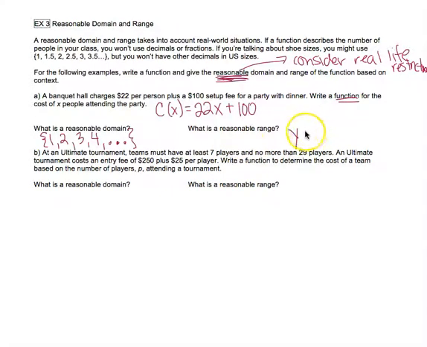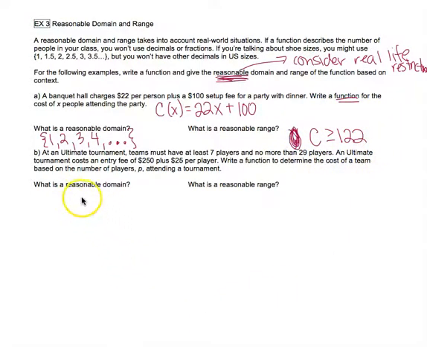So I could say, and I shouldn't say y because I used the variable c, right? So c is going to be greater than or equal to 122. If you want to start listing them all out, I suppose that you could, but most of the time we're going to write them like this.